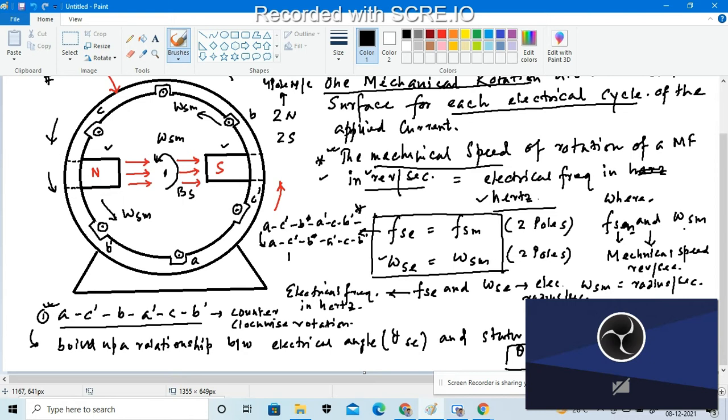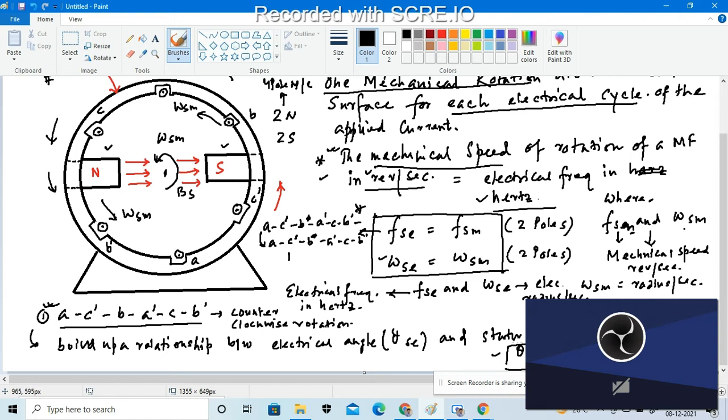Because we are considering the four pole winding, the electrical frequency F of AC, the electrical frequency of the current, is twice the mechanical frequency of the rotation. So the relationship established is that the electrical angle is twice the mechanical angle.